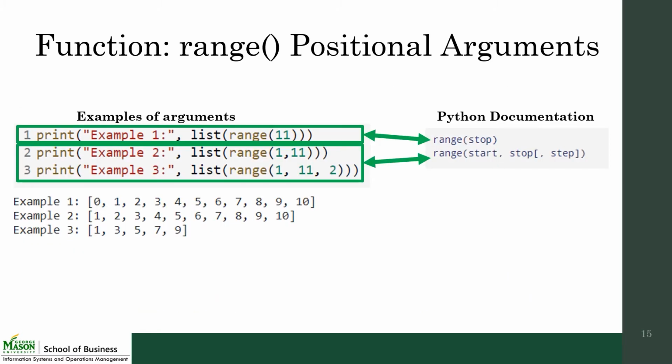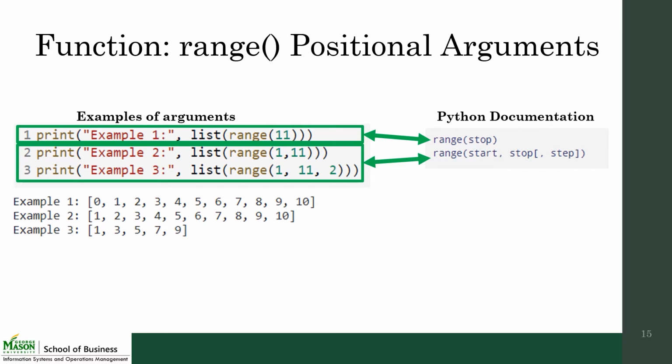Here are a few examples of how the range function works based on the Python documentation. Example 1 has one argument passed into the range function, while the second and third examples increase the number of arguments. The output for each example is displayed under line 3.